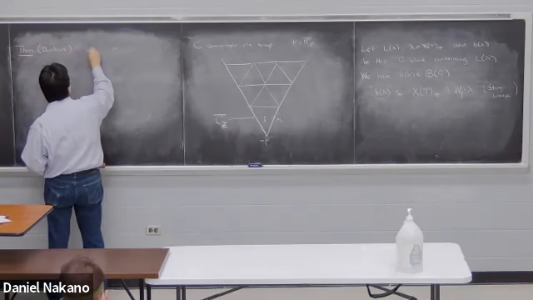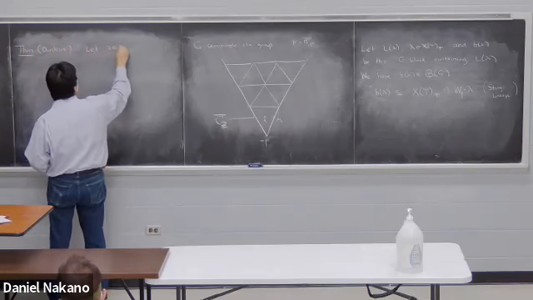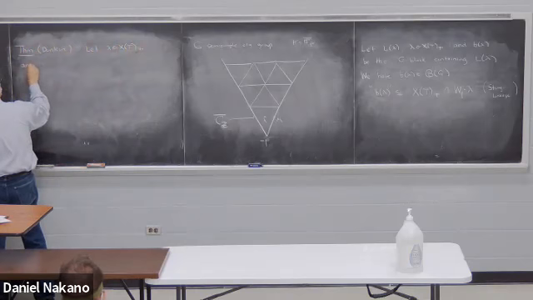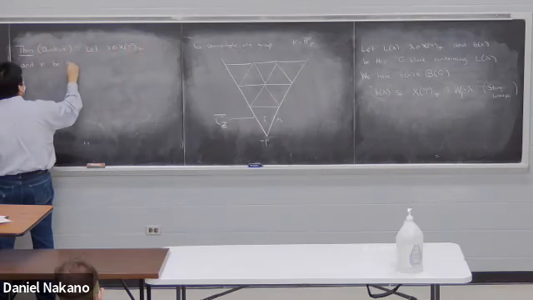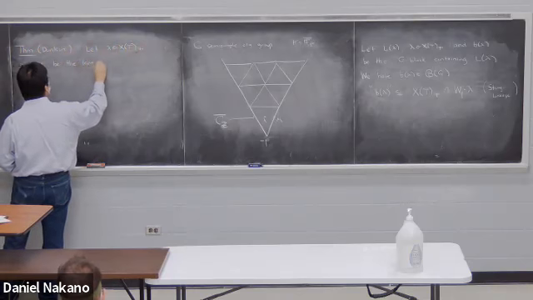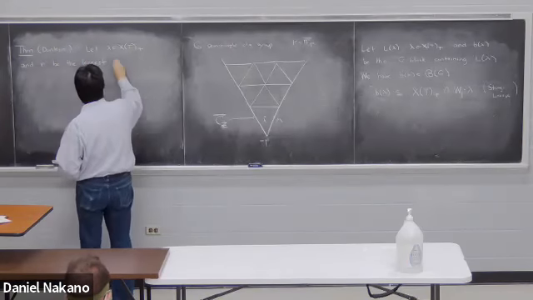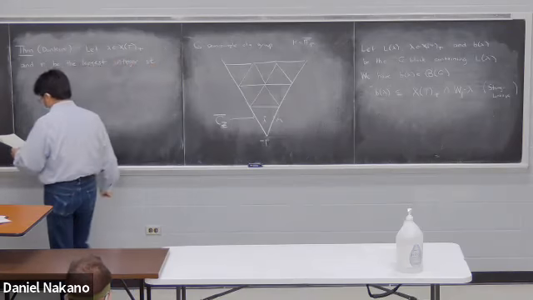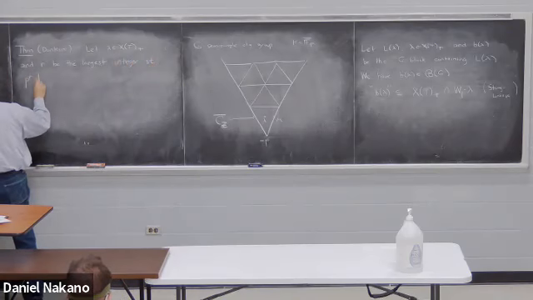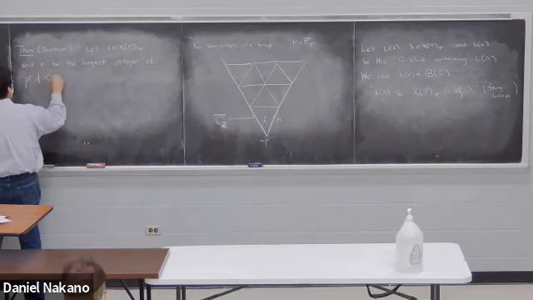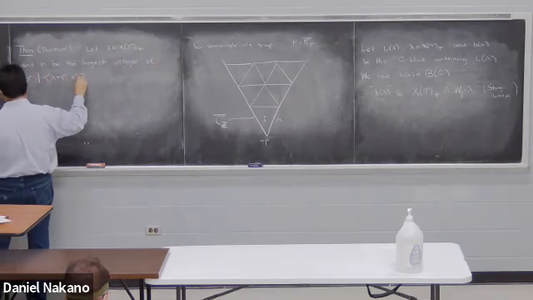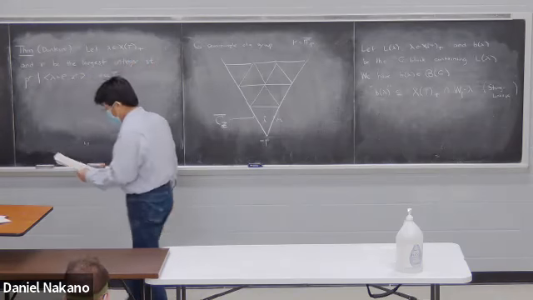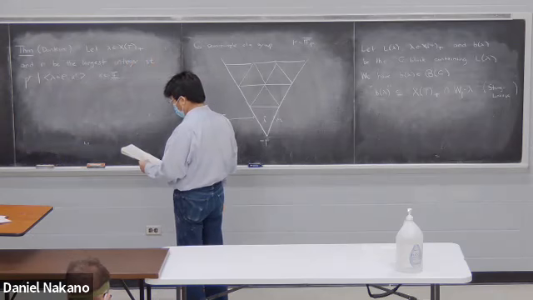So let lambda be a dominant weight, and r the largest integer such that p to the r divides lambda plus rho paired with alpha check.